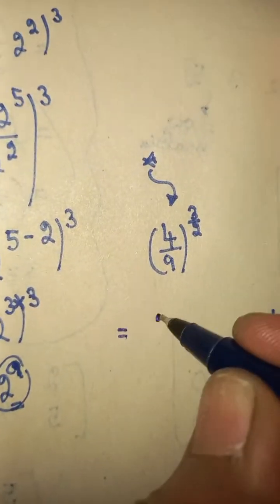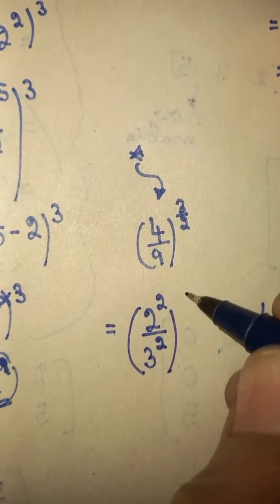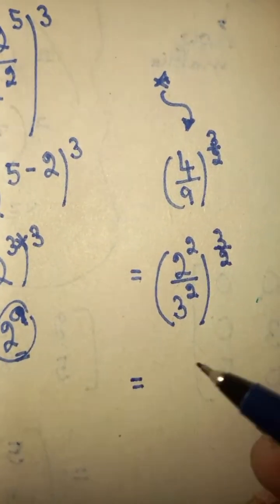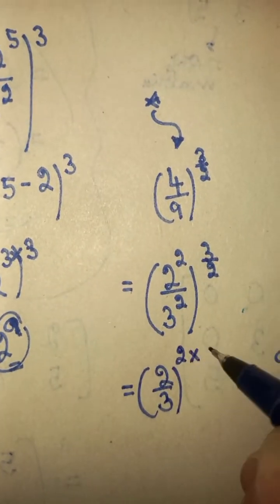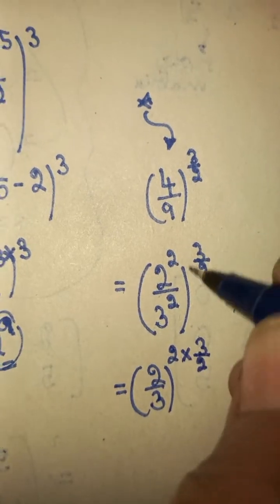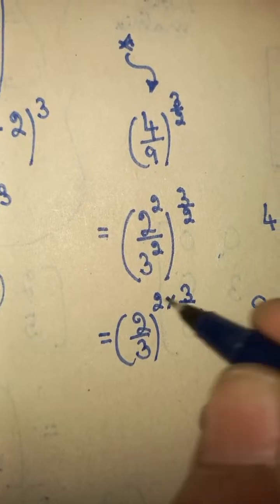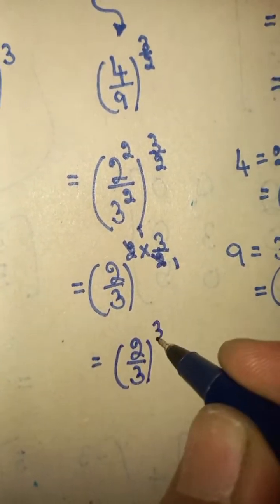So this complete problem will be equal to 2 square by 3 square whole power of 3 by 2. Now this can again be written as 2 by 3 whole square times the already existing power 3 by 2. Here we are taking the power 2 as common. You can divide the denominator and numerator. It becomes 2 by 3 whole cube.